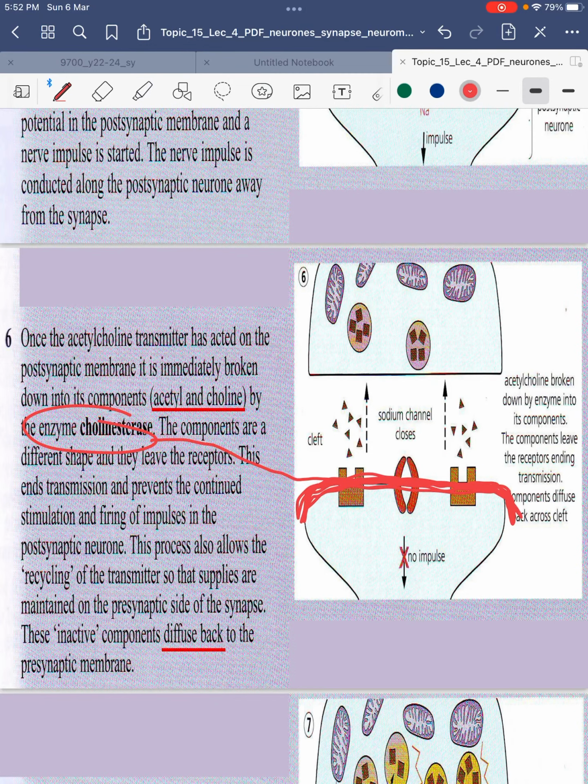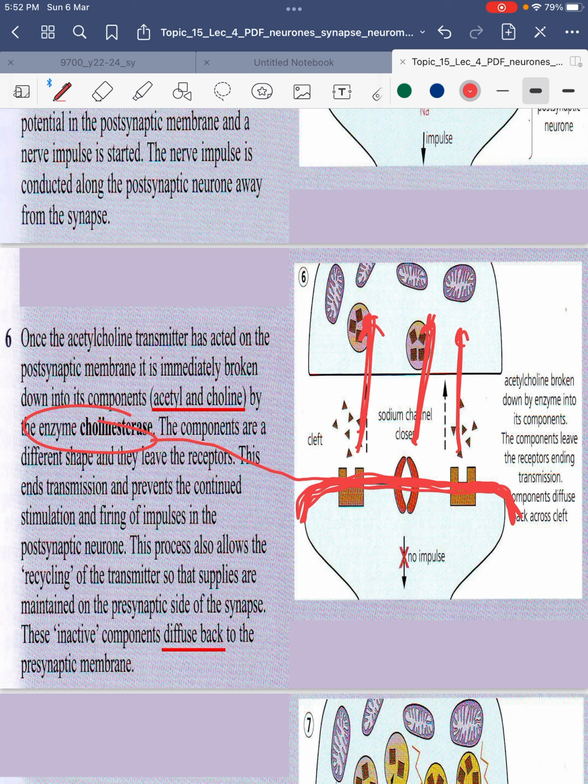It needs to be broken down so that it's made smaller and easier. It is made smaller and perhaps lighter, so that it will be easier for it to diffuse back to the presynaptic membrane or neurons.